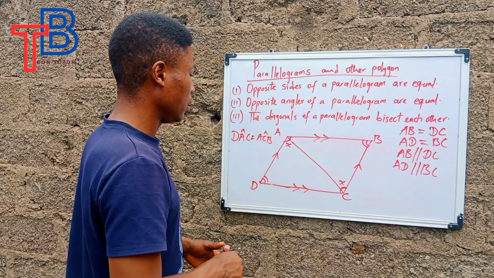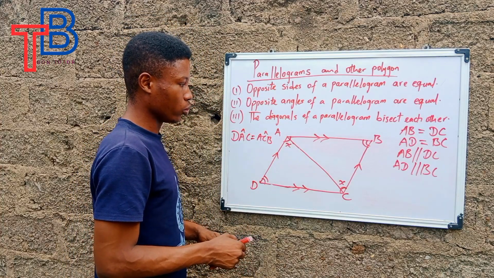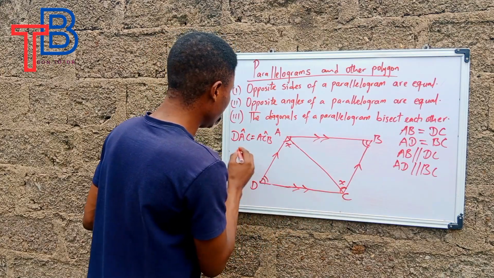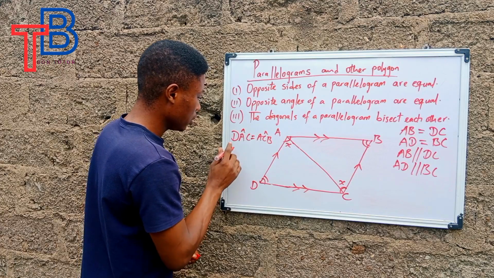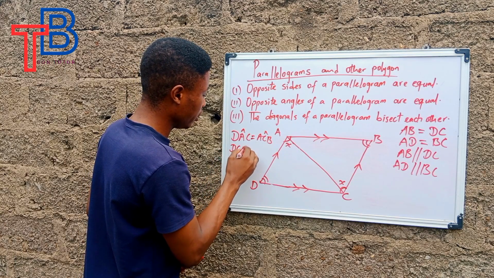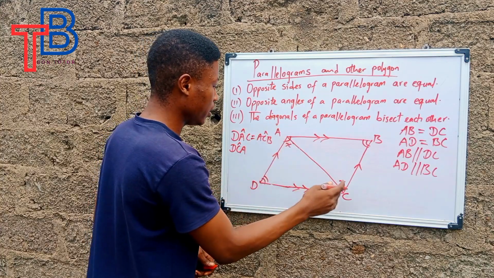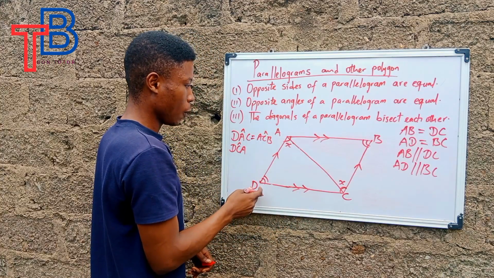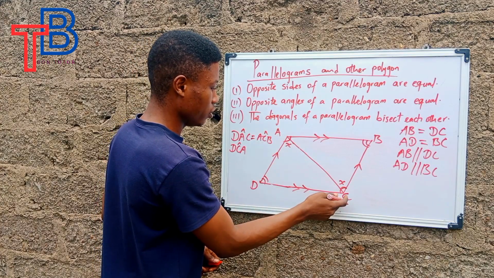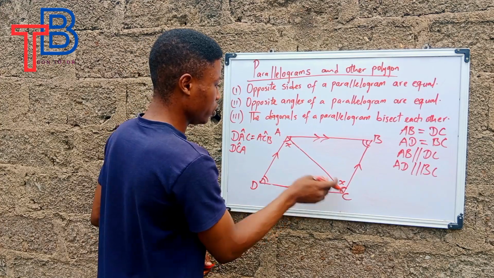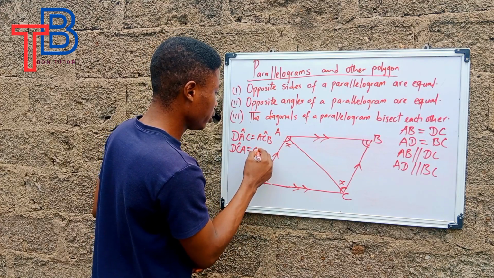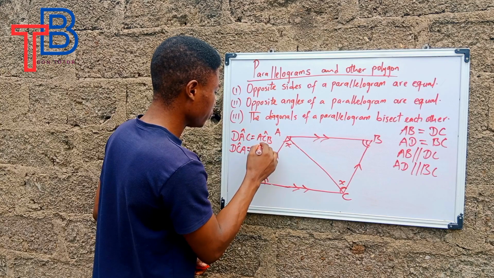And also, let's check it the other way around. The angle DCA, or you can call it ACD, will be equal to the angle CAB.